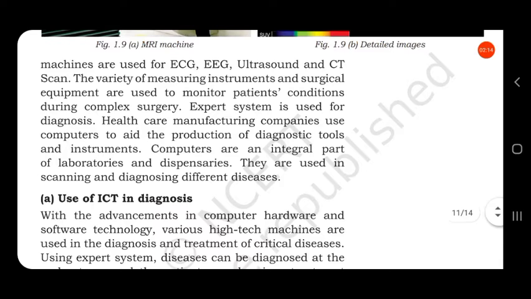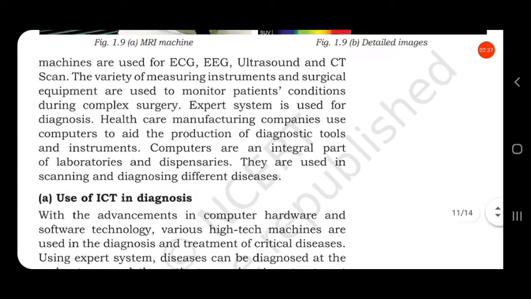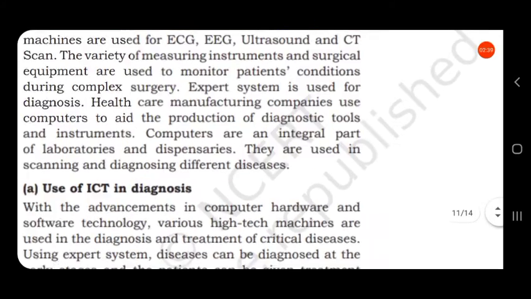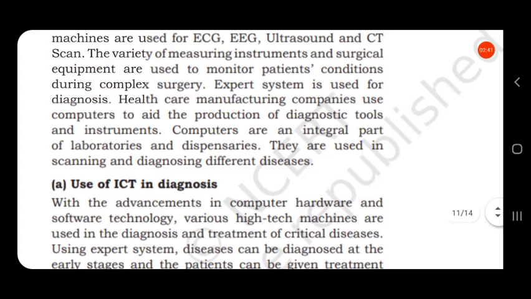Healthcare manufacturing companies use computerized products for diagnosing the patients. So healthcare manufacturing companies use computers to aid the production of diagnostic tools and instruments, that is, for producing medical equipment.